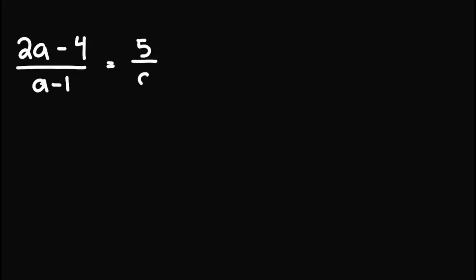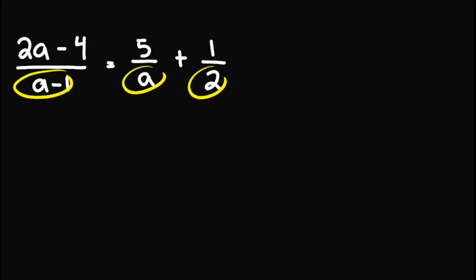Let's have this third example. Let's have 2a minus 4 over a minus 1 equals 5 over a plus 1/2. To solve this one, again, we first check the domain. So observing the denominators out here, when will these denominators be equal to 0?